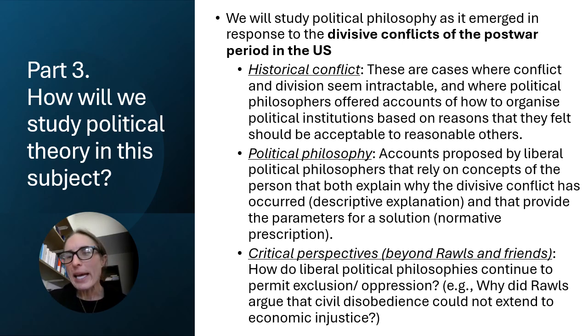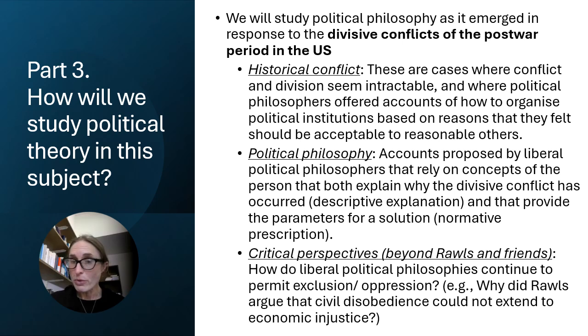But we won't end with the liberal political philosophers of the 1960s and 70s. We'll employ critical perspectives beyond Rawls and his friends. We'll ask, how did the liberal political philosophies themselves permit exclusion and oppression?